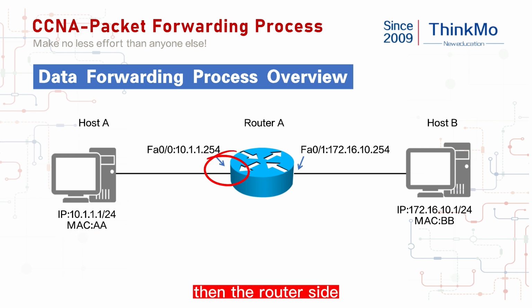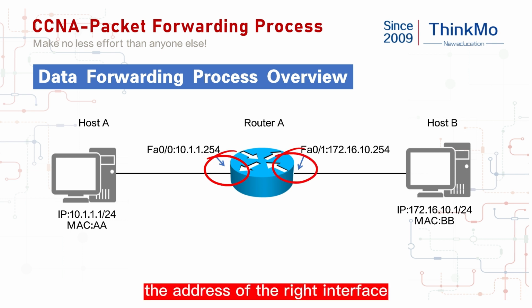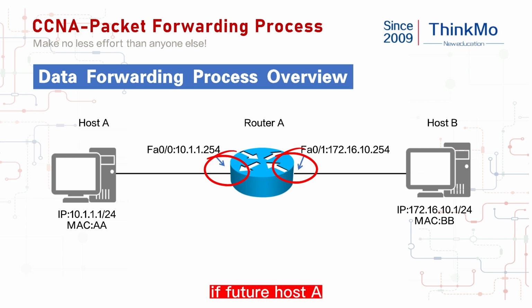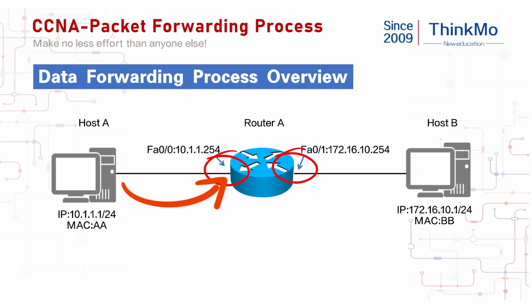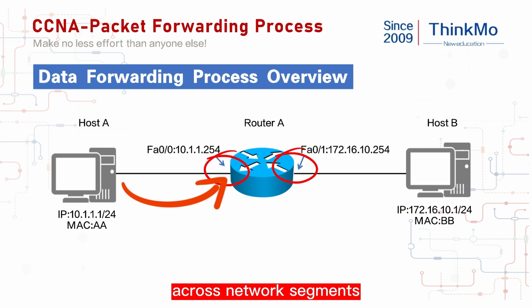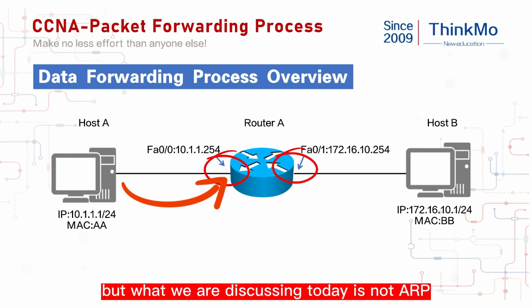Then the router side is the gateway of host A. The address of the right interface of the router is the gateway of host B. If host A wants to send data to host B, this is equivalent to a data access across network segments. The data will be sent to the gateway first. But what we are discussing today is not ARP. Let's review the overall data forwarding process.